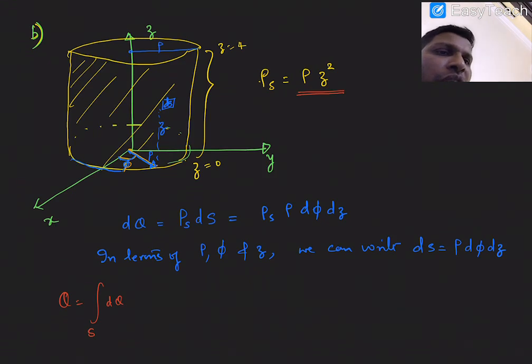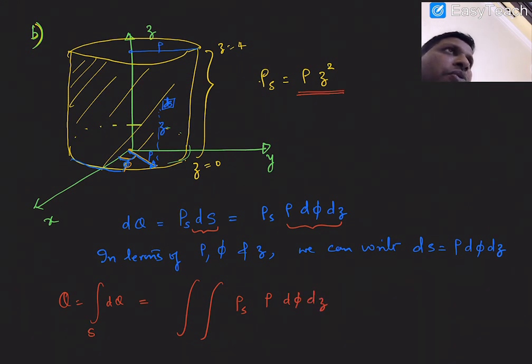So now we have the integration of rho s into ds. And what is our ds now? The ds is given as rho into d phi into dz.